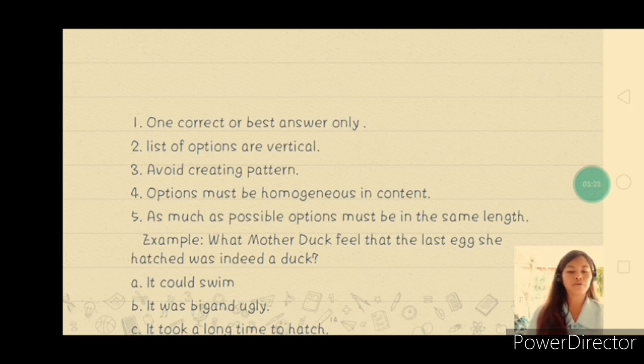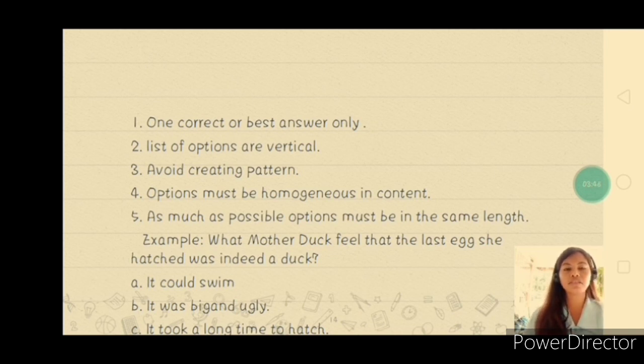If your alternatives are words or up to a sentence, the alternatives should be arranged according to length, from shortest to longest. For example, what did the mother duck feel that the last egg she hatched was indeed a duck? A. It could swim. B. It was big and ugly.